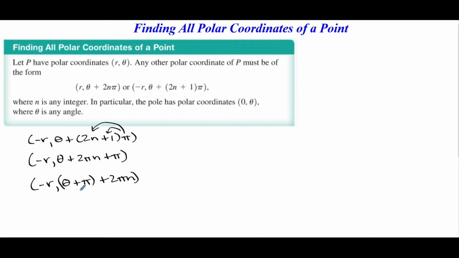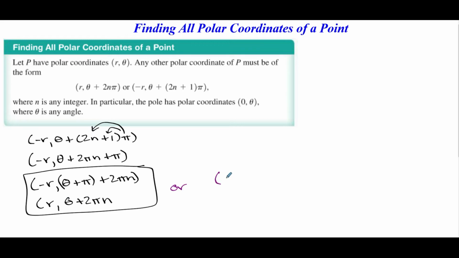So we can evaluate this part here, whatever our angle was, we can add the half circle to it, which is pi. So we've got this one, and then we've got r, theta plus 2 pi n. If we're working in degrees, this would be r, and then theta plus 360 degrees n.